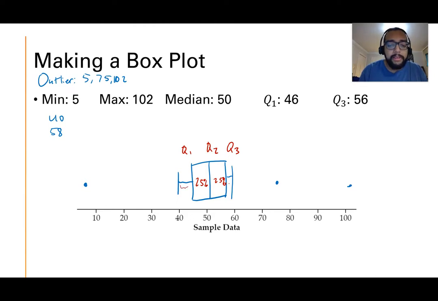Since we have outliers, I'll emphasize that one more time, this right here is technically 24.65% of our data.